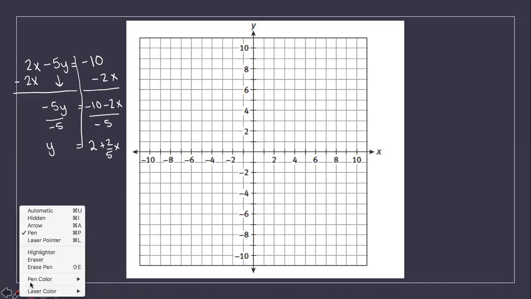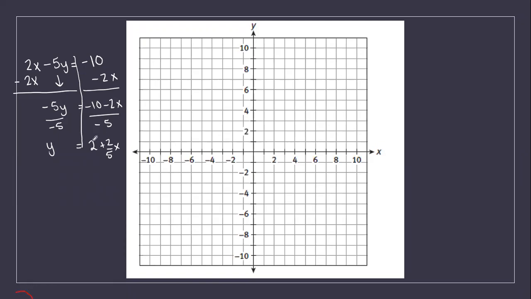So if I was to graph this, the y-intercept is positive 2. So I'll put the positive 2 on the y-axis. And then my slope is 2 over 5. So my rise is 2 and my run is 5.